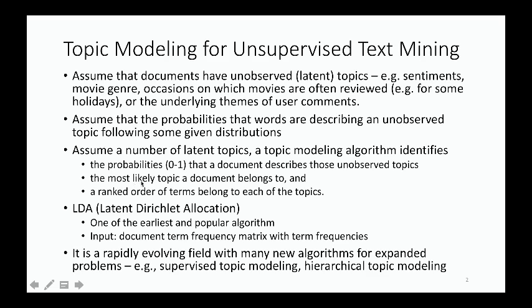And using the probabilities, we can select the topic that a document belongs to by selecting the topic with the highest probability. And after the topic model is generated, there will also be a rank order of words or n-grams that belong to each of the topics.